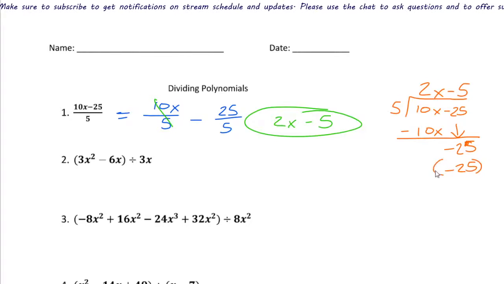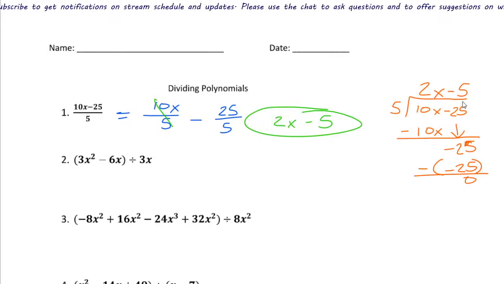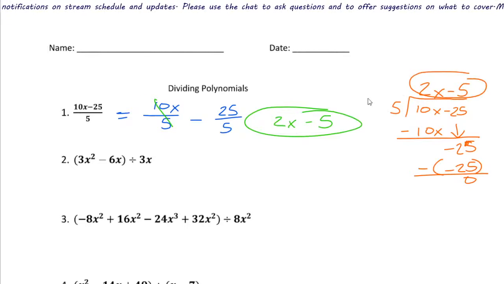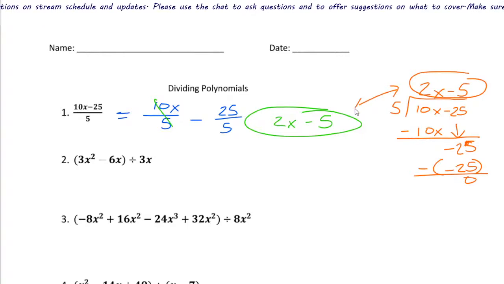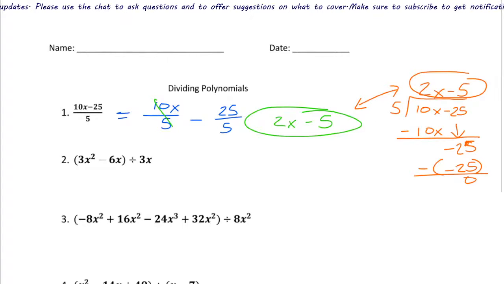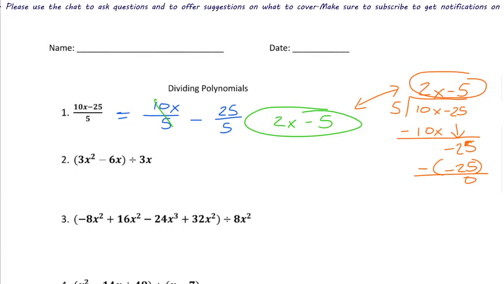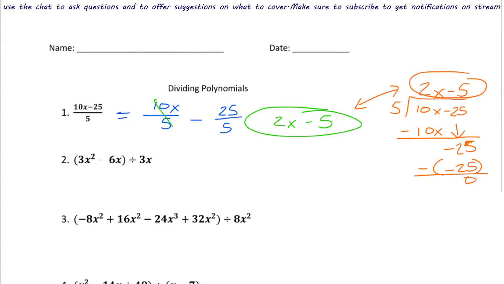We're subtracting that. This would be 0. We don't have a remainder. And our answers match up. Alright, so let's do the next one.